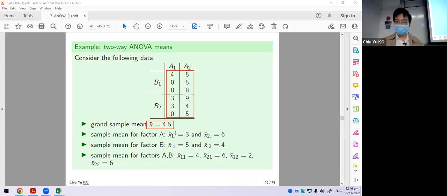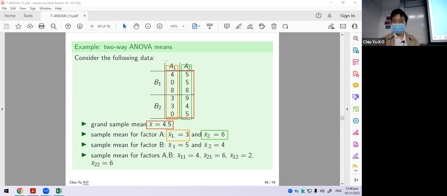Let's see how you can calculate the next one. This one is the average of the first column. If you want to calculate this one, this will be the second column, the average of this.